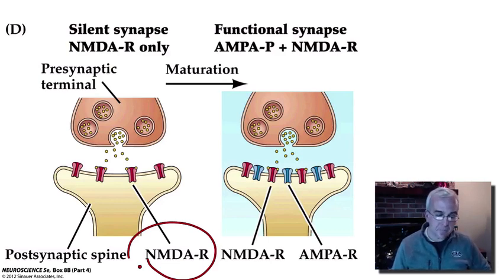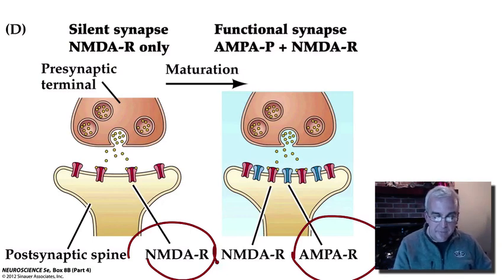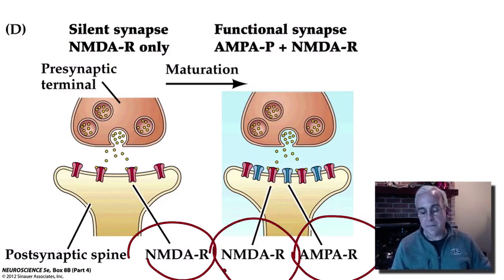stimulation. However, with the presence of stimuli that can induce long-term potentiation, and these kinds of stimulation events can accrue during the course of development, we see the insertion of AMPA receptors to accompany the NMDA receptors.